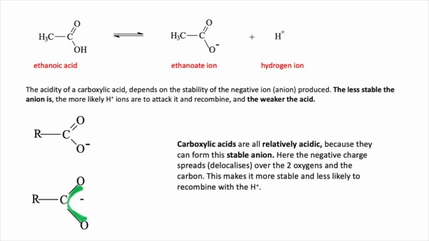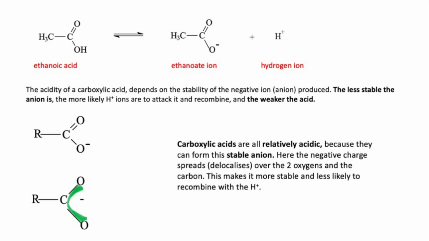Now carboxylic acids have a way of stabilizing their anions, and they do this by delocalizing, or spreading out, their electrons between the COO in the carboxylate ion. You can see in this diagram I've shaded in green the negative charge spreading out over this region.